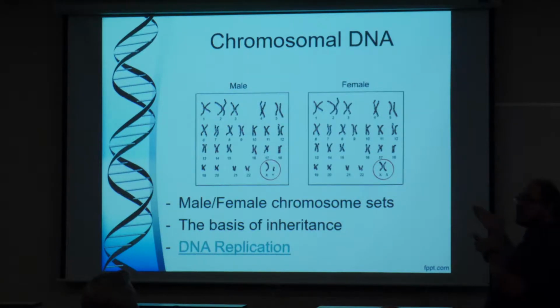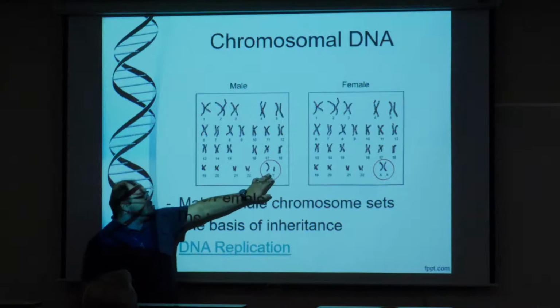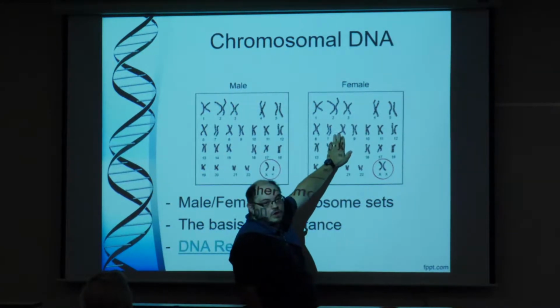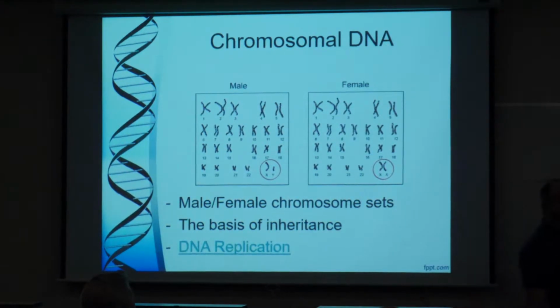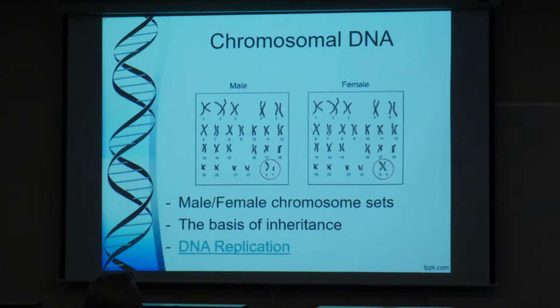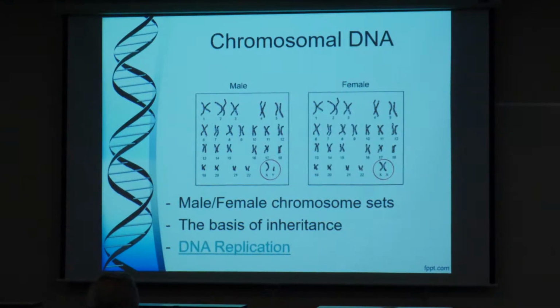So male DNA is set up with the 22 autosomal chromosomes and then one X and one Y. Female DNA has 22 chromosomes, but she has two X chromosomes. So the Y chromosome is specifically what determines if you have a boy or a girl. And from that information, we basically get the basis of inheritance. We're going to go into a bit more detail on that, but I like to show videos.